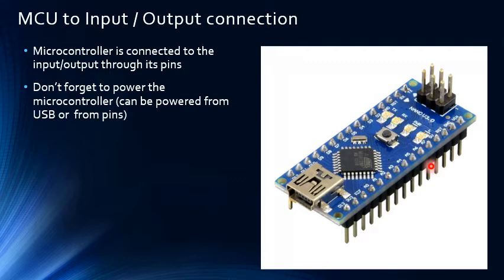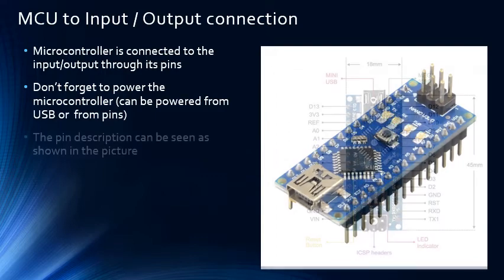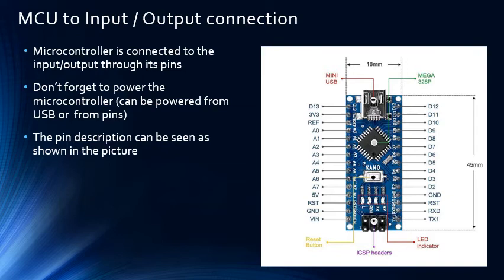As you know, an electronic device needs to be connected to a power supply. So some pins here are needed to connect to the power supply. If I change the picture to this one, in this picture you can see clearly the function of each pin.